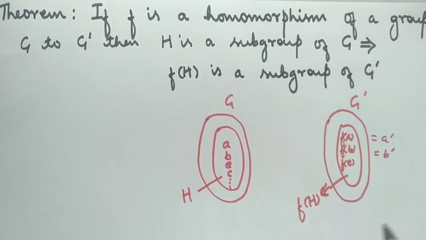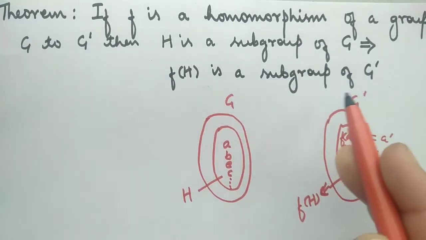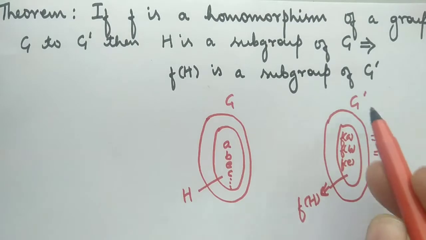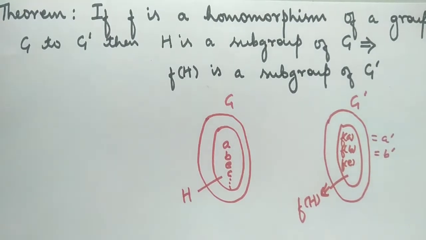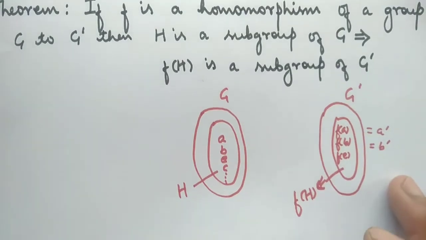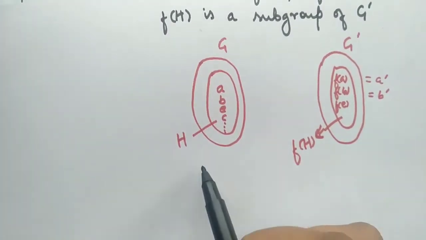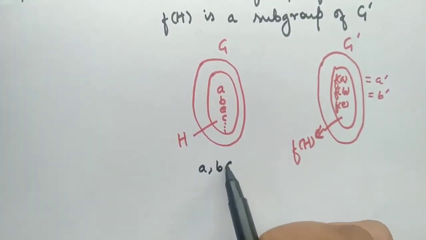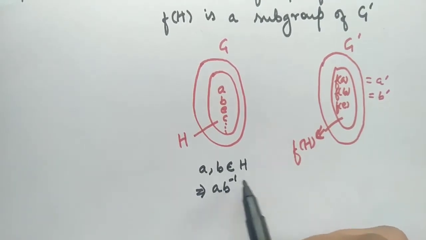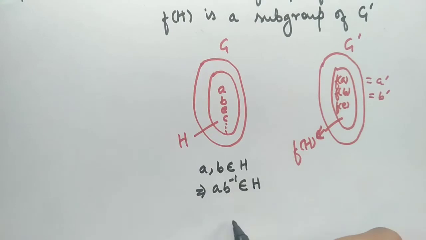Now before proving that this f(H) is a subgroup of G prime, we will first show that it is a non-empty subset of G prime, okay? If H is a subgroup of G, it means that for a, b belong to H, it implies a b inverse belongs to H. That's why it is a subgroup because of this.